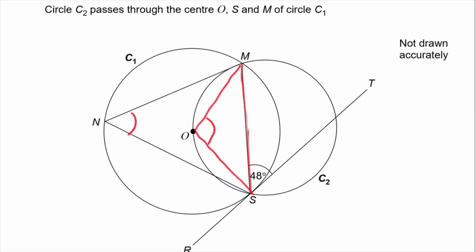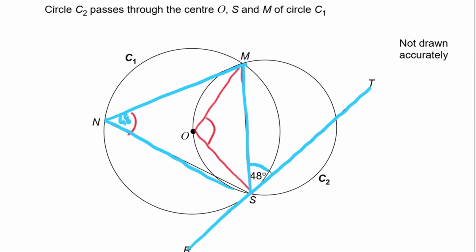But is it? I don't think it is, because I've got a tangent here and an angle between that tangent and a chord. So the angle in the alternate segment must be equal to it. So that angle up there must be 48 degrees.